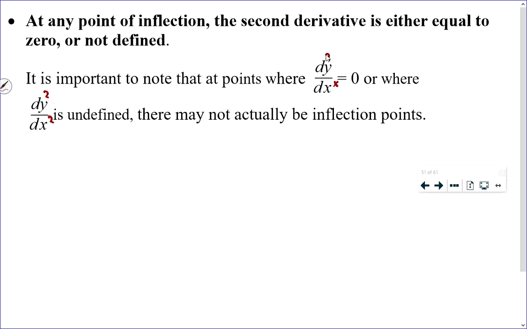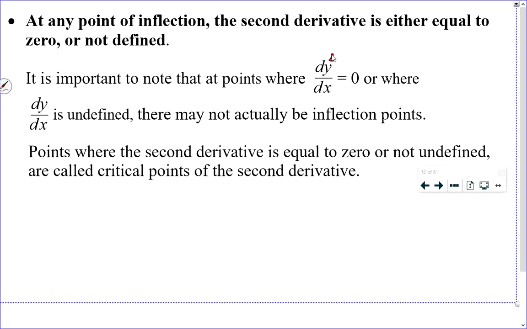These points where the second derivative is either equal to 0 or is undefined may not actually be inflection points. These points are called the critical points of the second derivative, just like the points where the first derivative is equal to 0 or is undefined are critical points of the first derivative.